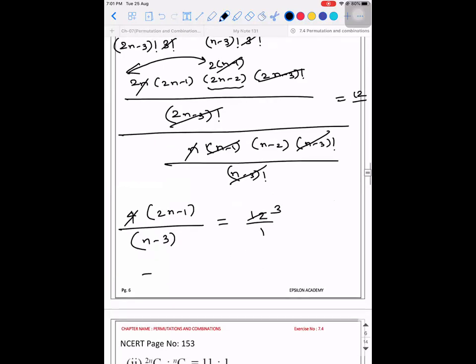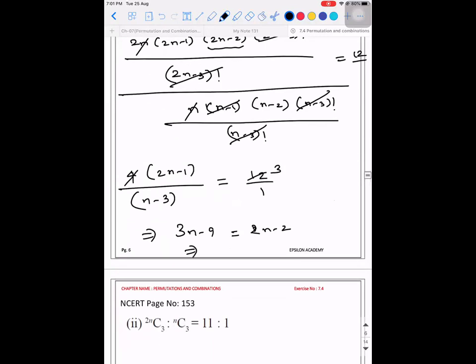Can I write it like this? So 3n minus 9 is equal to 2n minus 2. n is equal to 7. So this is the requirement. Okay. So I understood the question was wrong because I got n as a fractional value. n should be an integer.